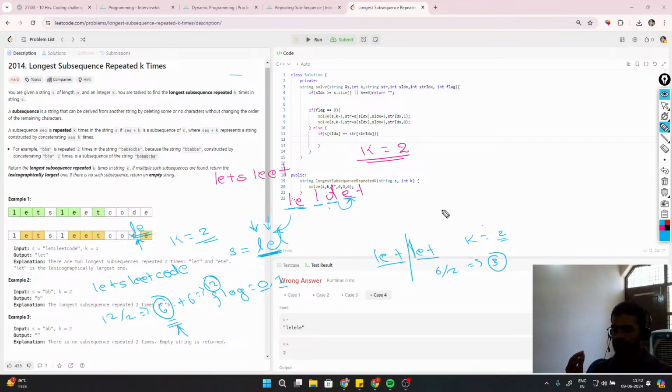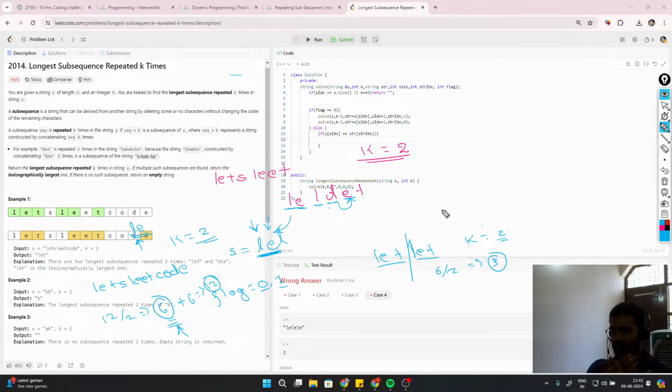And beyond that my k will reduce. Even before that also my k can be reduced. My k will have to reduce.